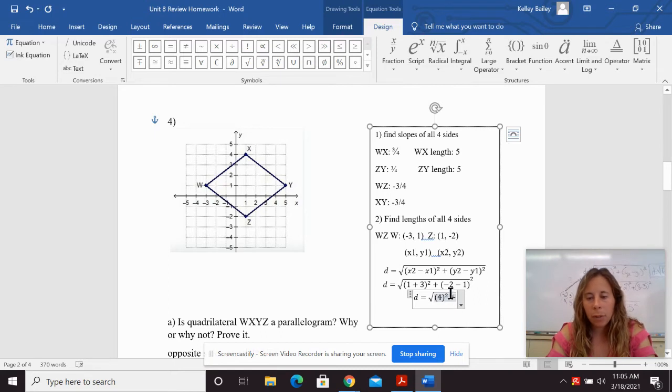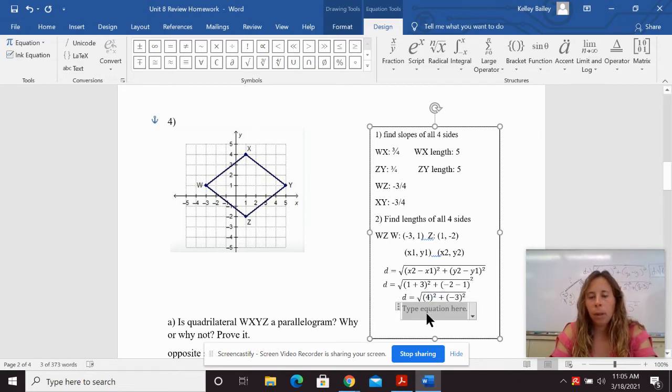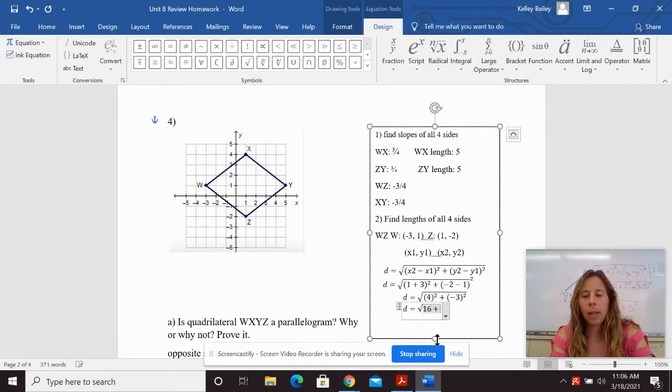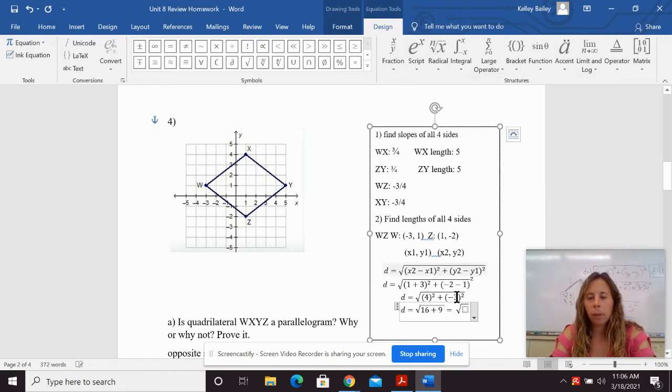Four squared is 16 plus -3 squared is 9, which equals the square root of 25 again, which equals 5.